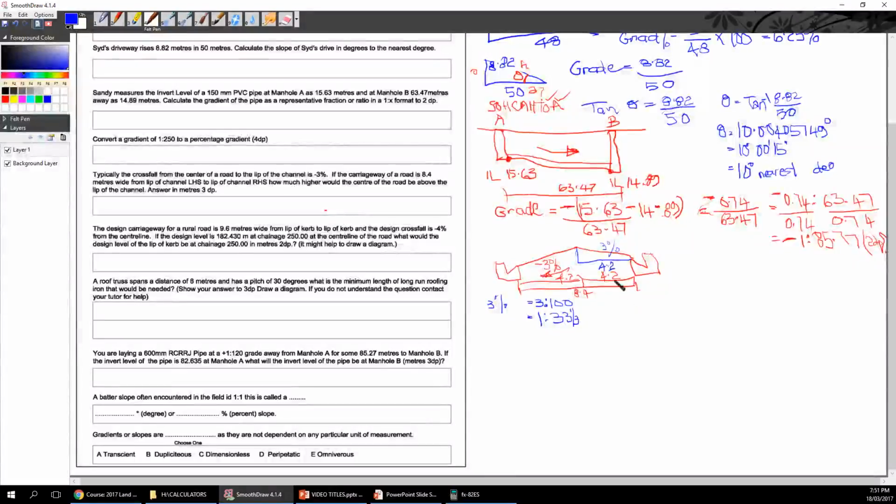Okay, all we need to do there is find what x is. X over 4.2 equals 3%, which equals 3 over 100.